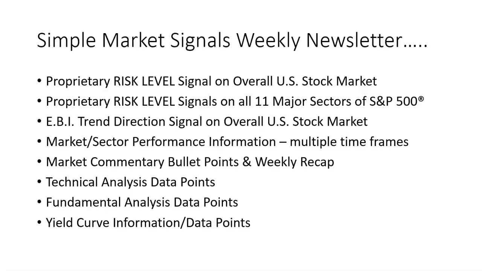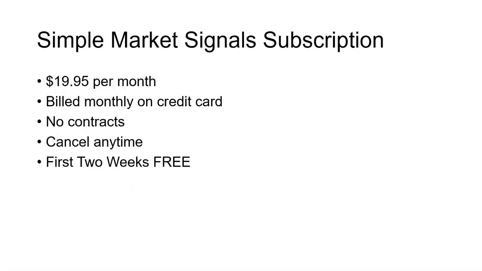You will have market and sector performance information on multiple time frames. You'll get market commentary and a weekly recap of what happened in the market. You'll have technical analysis information, fundamental analysis information, and yield curve information.